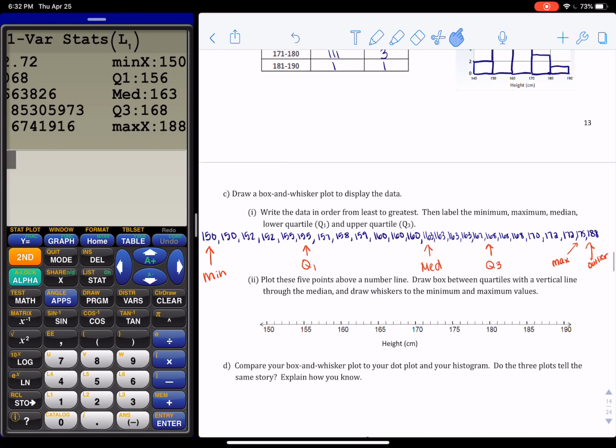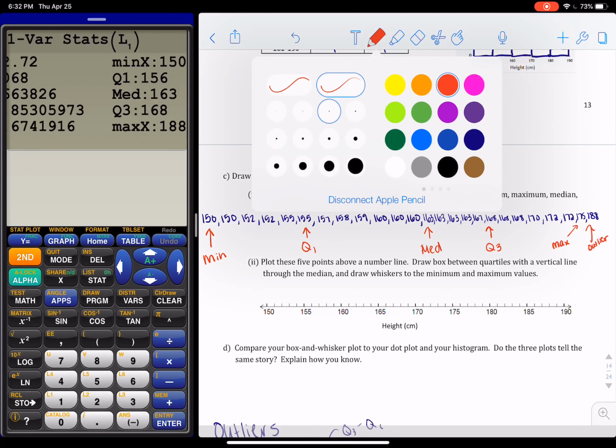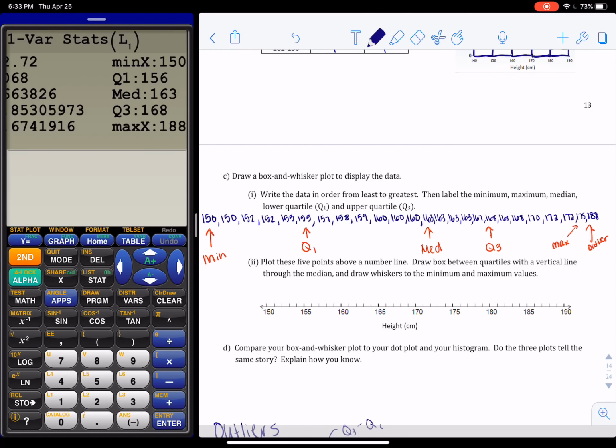All right, so now to draw our box and whisker plot. What we're going to do is put a dash for each point. So for the minimum, since that is 150, I'm going to put a dash here. Then Q1 is 155, so I'm going to put that here.